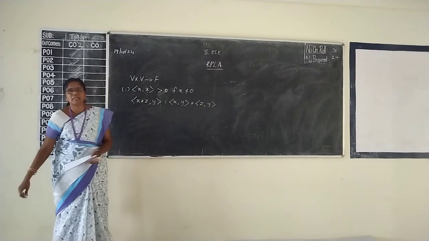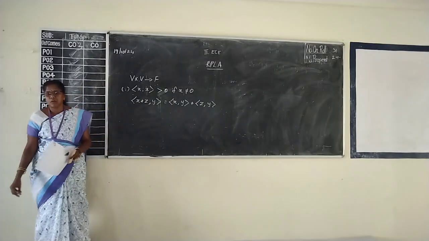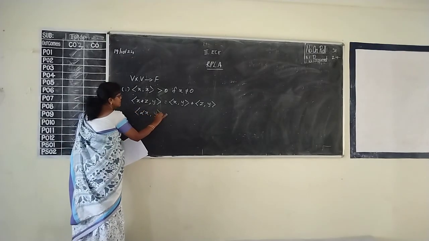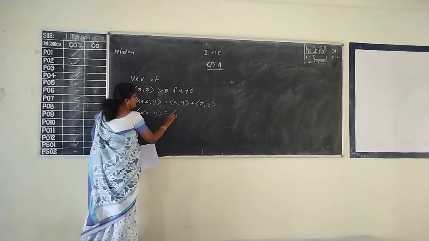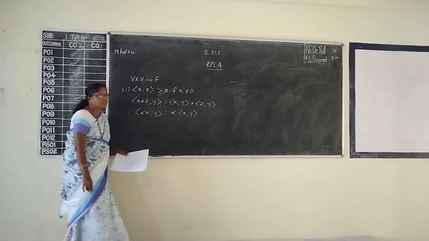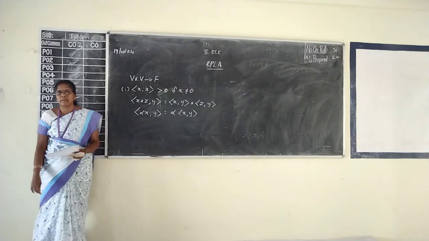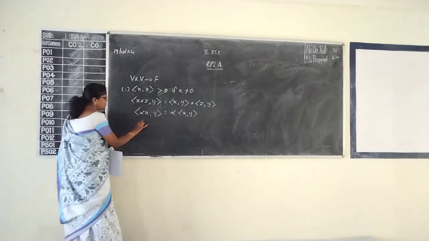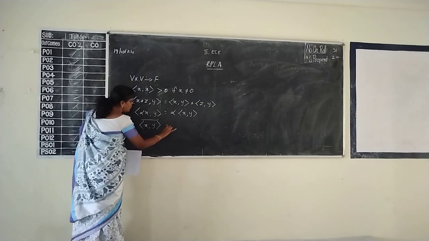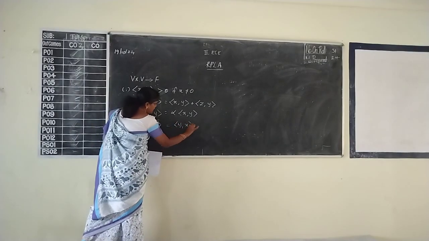Third one, the inner product of alpha x comma y is equal to alpha times the inner product of x comma y. Fourth condition, inner product of x comma y, the whole bar, is equal to inner product of y comma x.